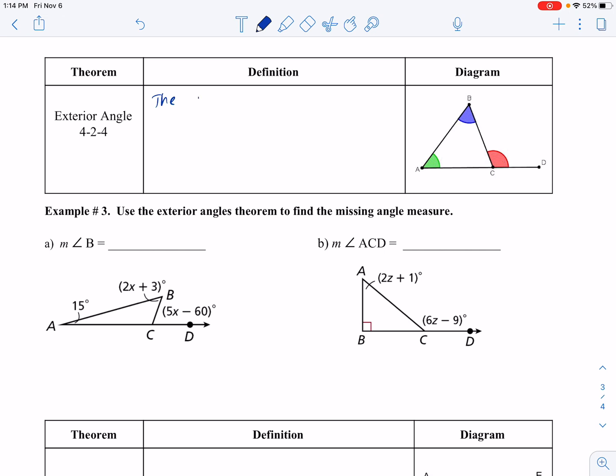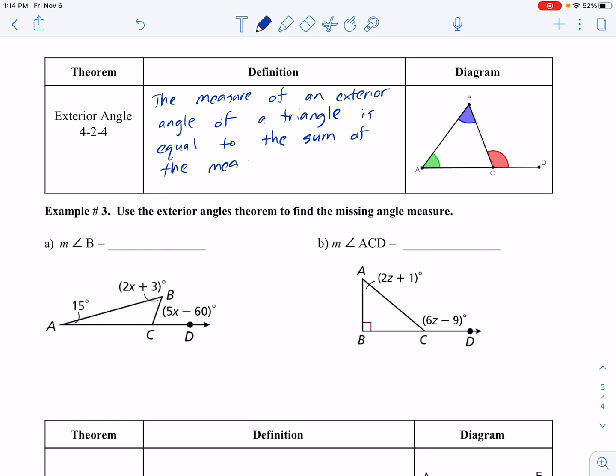The measure of an exterior angle of a triangle is equal to the sum of the measures of its two non-adjacent angles. Okay. So you can see that right here.